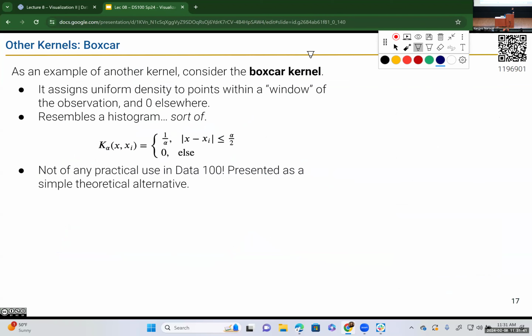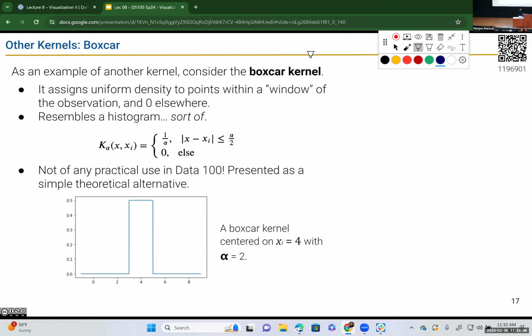So I promised to show you another type of kernel. I said Gaussian kernel is what we're using, but with the kernel density estimate, we're not bound to always use Gaussian kernel. Anything that is a kernel and fits the criteria of being a probability density function we can use. One example is boxcar, which is nothing but a plot that you would see as a box, and the alpha is what you can decide.